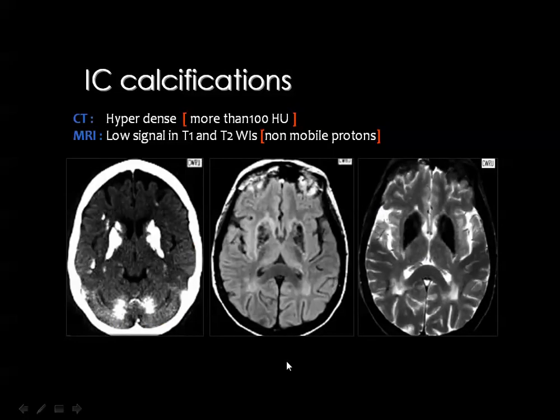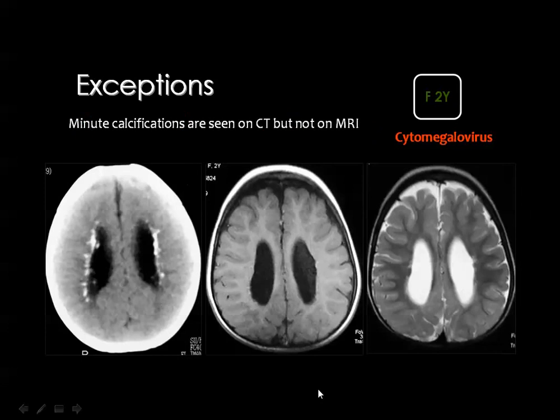As you all know, calcium will appear hyperdense in the CT scan, and if you measure the attenuation value of calcium, it will read more than 100 Hounsfield unit in most of the cases. While MRI commonly shows calcium as low signal in the T1 and dark signal in the T2, if this calcium is large enough to produce these changes in MR images.